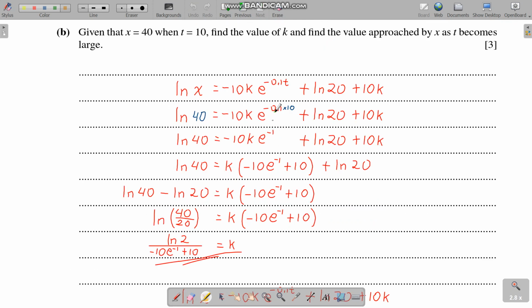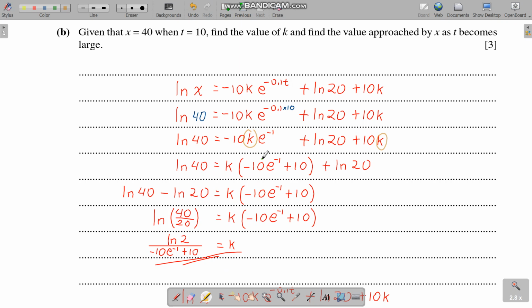The next part is, given that x equals 40 when t equals 10, find k, the exact value. So replace the x with 40, replace the t with 10, and we can find k. Here, 0.1 times 10 is 1, and then we can factor out the k.